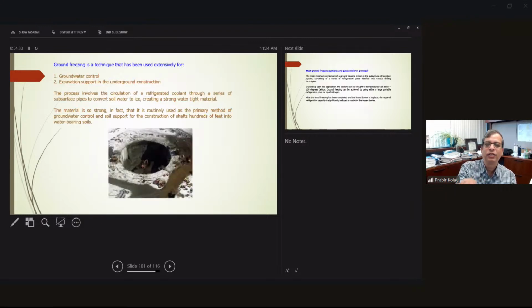So here are some of the pictures. Again, ground freezing is a technique extensively used for ground control, groundwater control, and excavation support for underground construction. So in underground construction, you just freeze the whole ground, so it's not going to collapse. So that's the idea. And as I mentioned, you can find several pictures from Geotech tools.